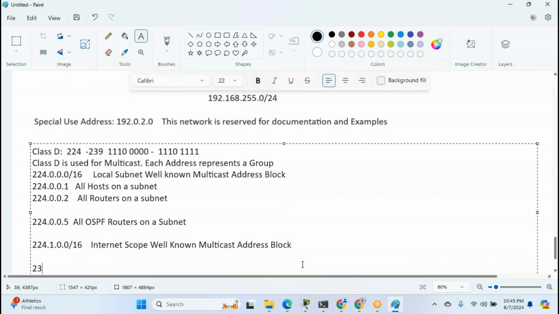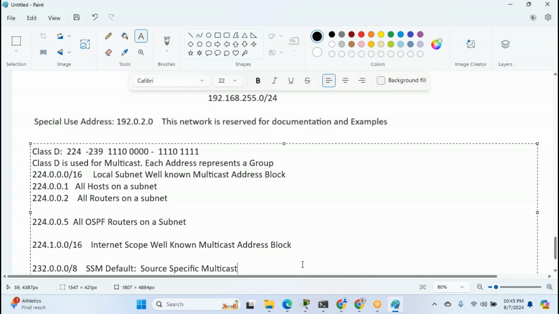After this, we have 232.0.0.0/8. This one is SSM default. SSM default means source specific multicast. When we discuss multicast, we will have two types of multicast distribution trees. One is called the source tree, the other is called the shared tree.